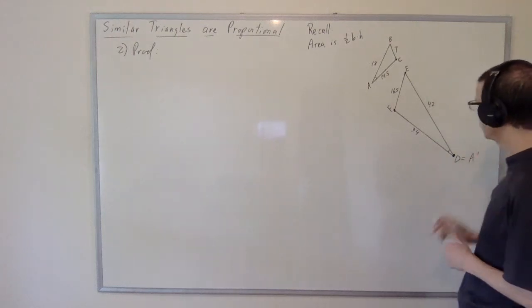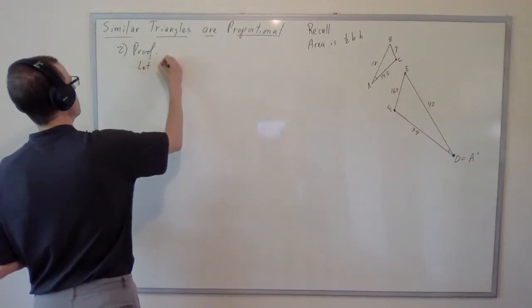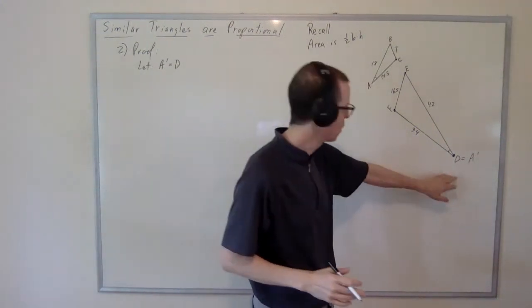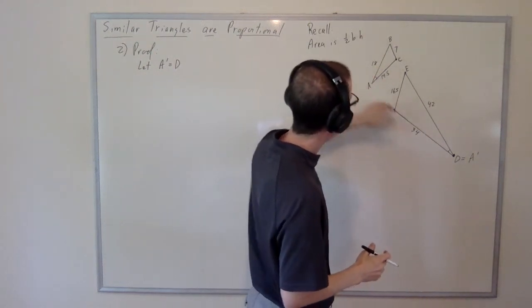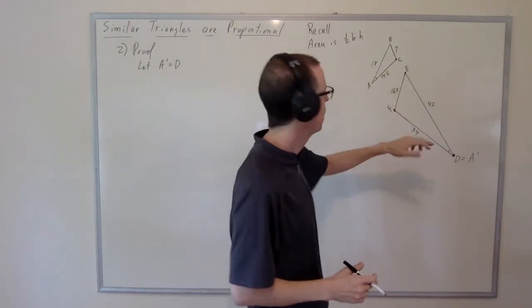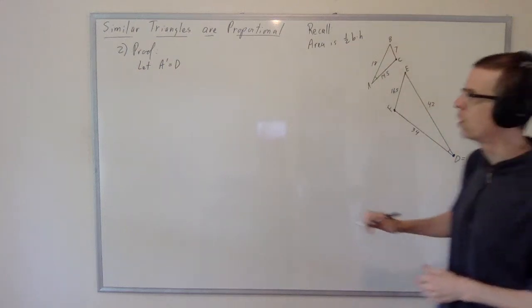So the first point I'm going to construct is A prime. I'm going to let it be equal to D. So let A prime equal D. In other words, they're going to automatically overlap in that they share this point. Then I'm going to choose B prime somewhere along the ray DE, and I'm going to do it so that I get the right length A prime B prime.